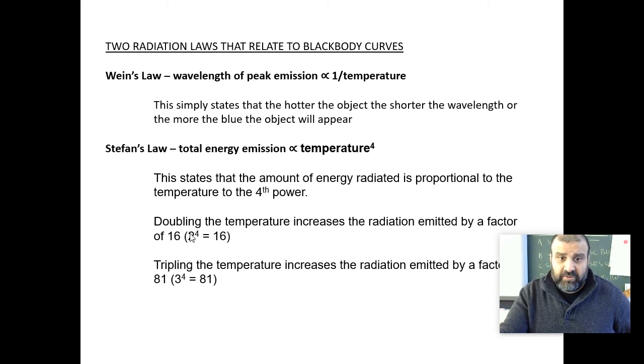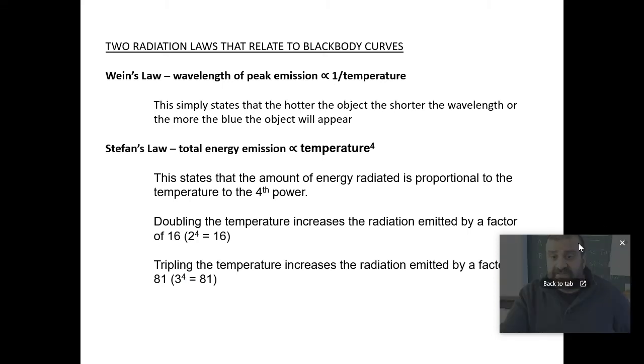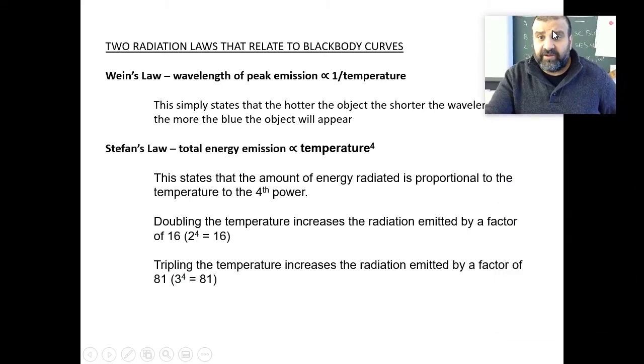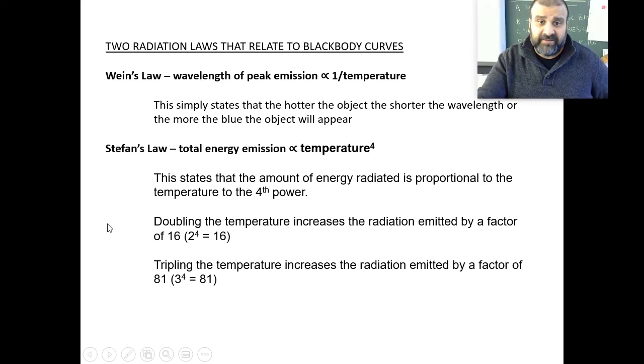So doubling the temperature of the star increases the radiation emitted by a factor of 16. Tripling the temperature, tripling it to the power 4, increases the radiation by a factor of 81.